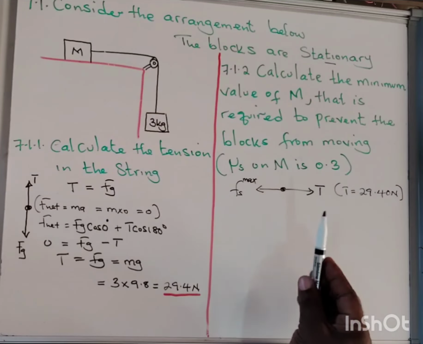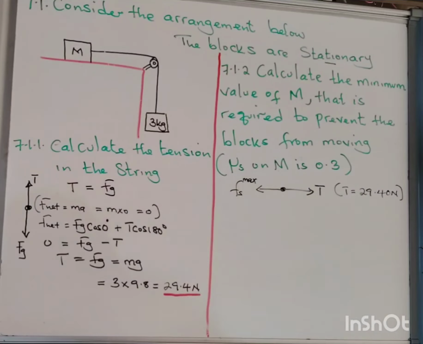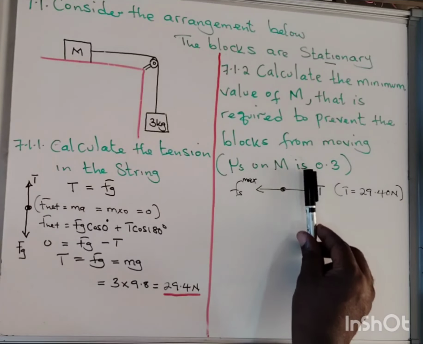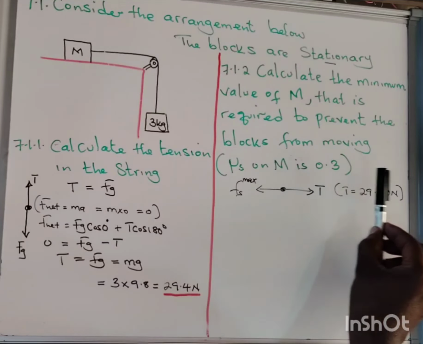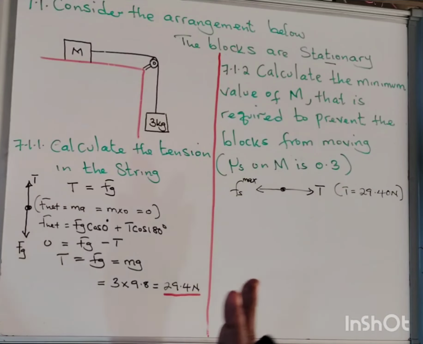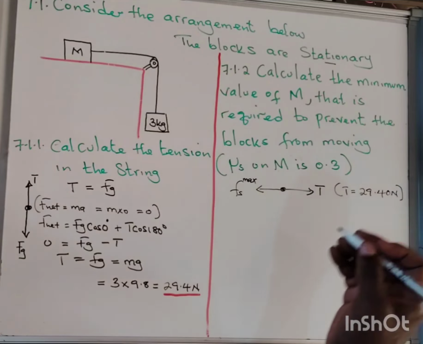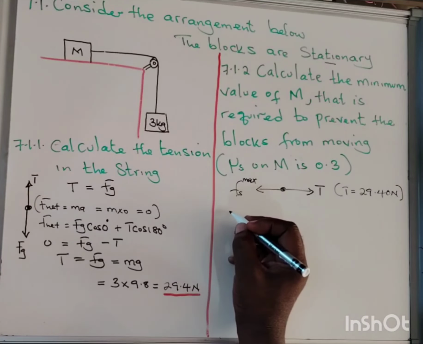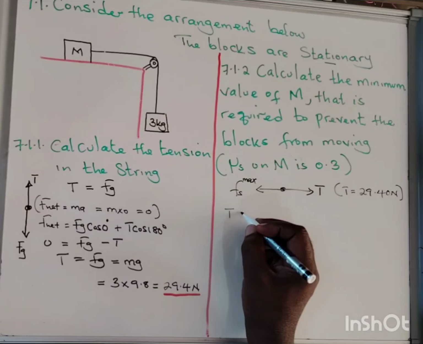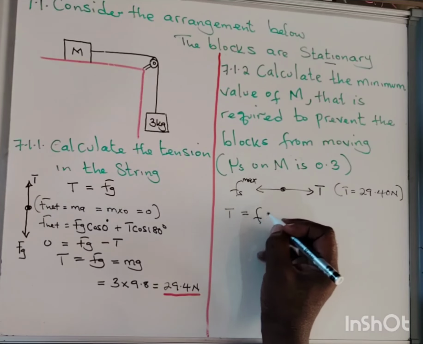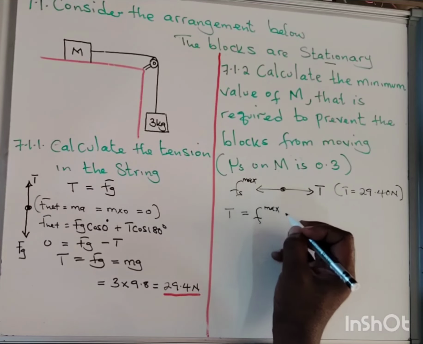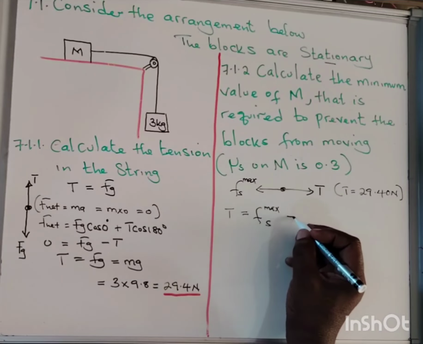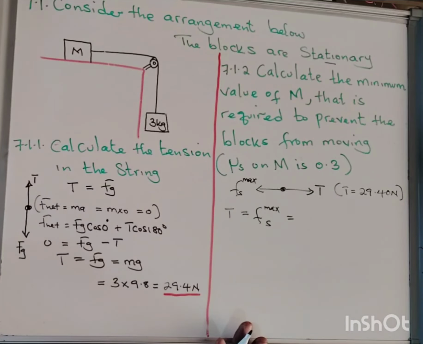Stationary means equilibrium, implying that the sum of forces in one direction is equal to the sum of forces in the opposite direction. So we are saying T is equal to F max static, or maximum static friction force.